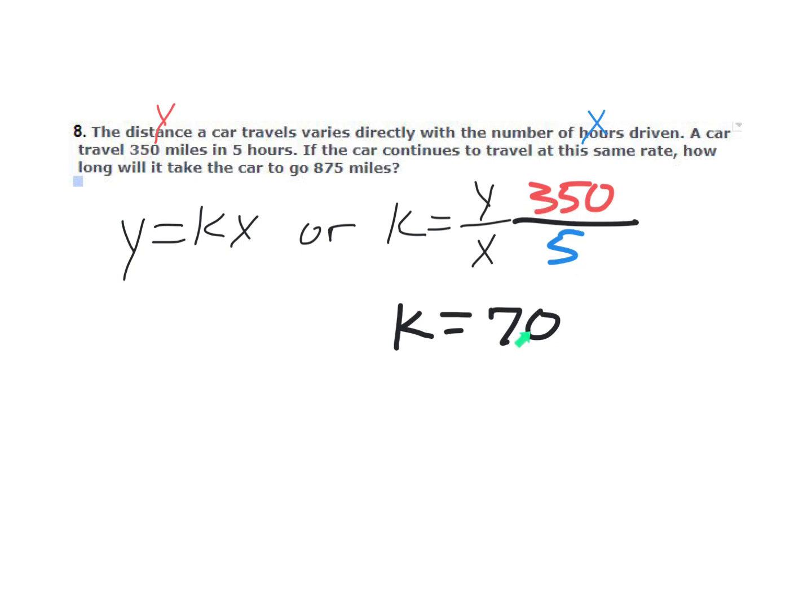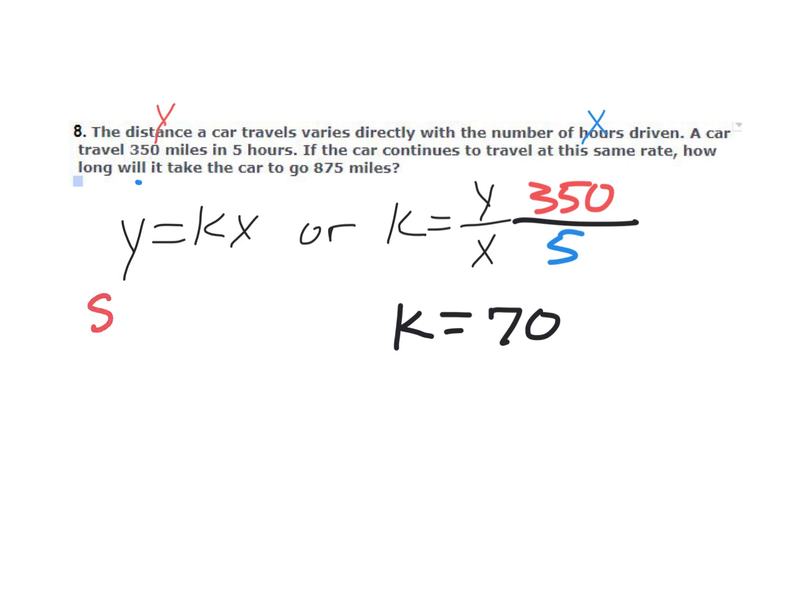Well, if we know that, and we know that a car has gone 875 miles, we're just going to end up dividing the 875 by 70. But here's what that looks like when we use the direct variation form. We replace y with the new 875 miles, because that's our distance.